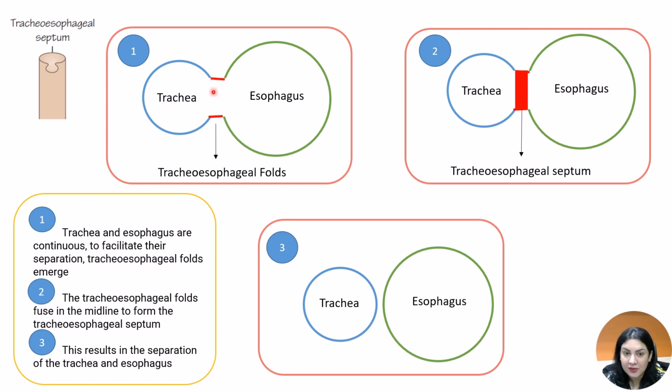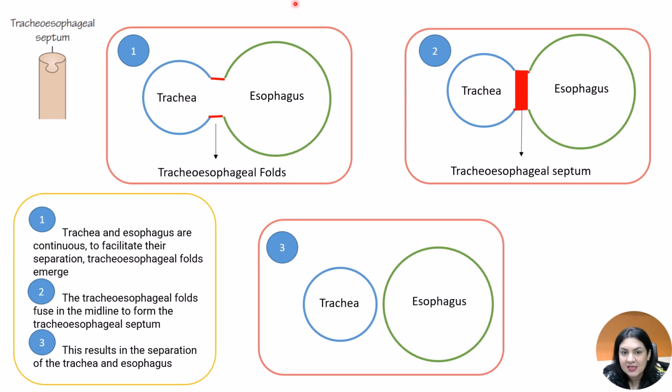So first you have the folds. These folds quite quickly start to fuse together. They get closer and closer together, so that if you look at the transition from image 1 to image 2, where you had two separate tracheoesophageal folds before, now you have this fused tracheoesophageal fold in the middle. So they both grow towards the middle so they can fuse with each other to form what is known as the tracheoesophageal septum.